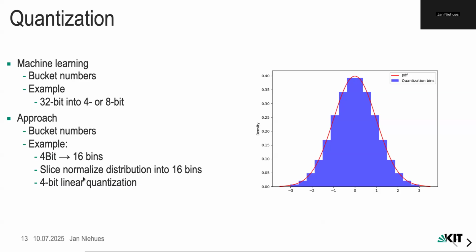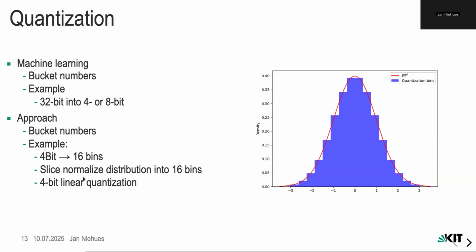Then you cannot distinguish anymore this number from this number, but maybe that's also not too important. So maybe this is enough for storing. This is the main idea here. We're not storing all the details of our curve, of all the values, but we're quantizing the values and do not distinguish where they are within the bin.